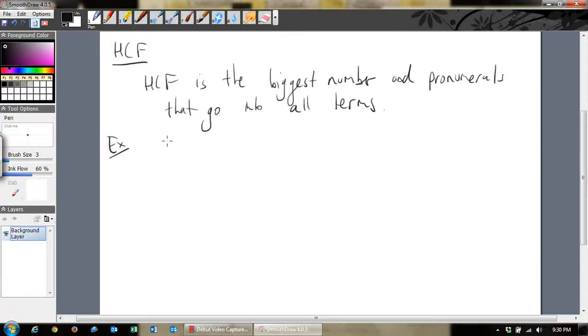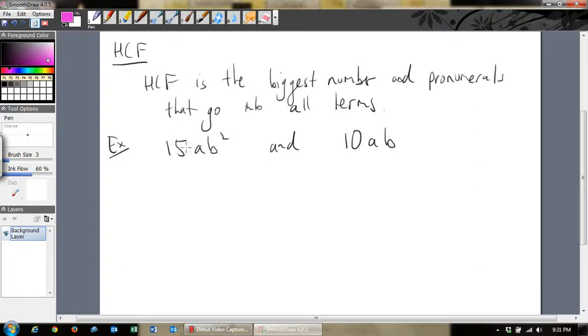Okay, so let's look at 15ab squared, and let's just say 10ab. So let's have a think what our factors are here. Let's write each of these in a factored form.